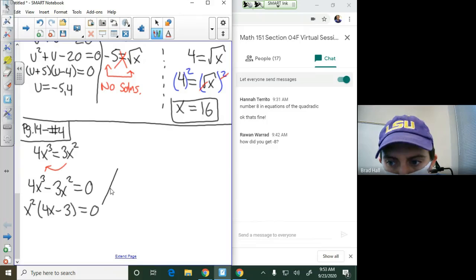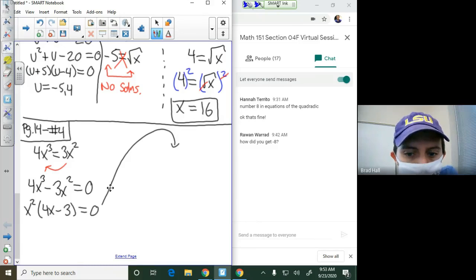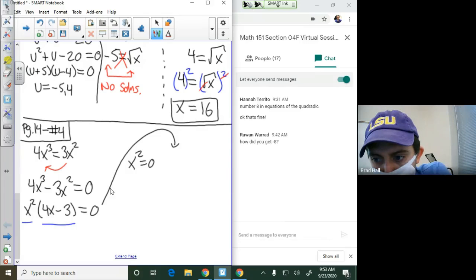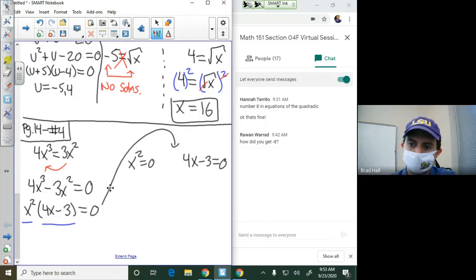And so now from here, each individual component can now be individually set equal to 0. And so now we can solve for x in both cases.